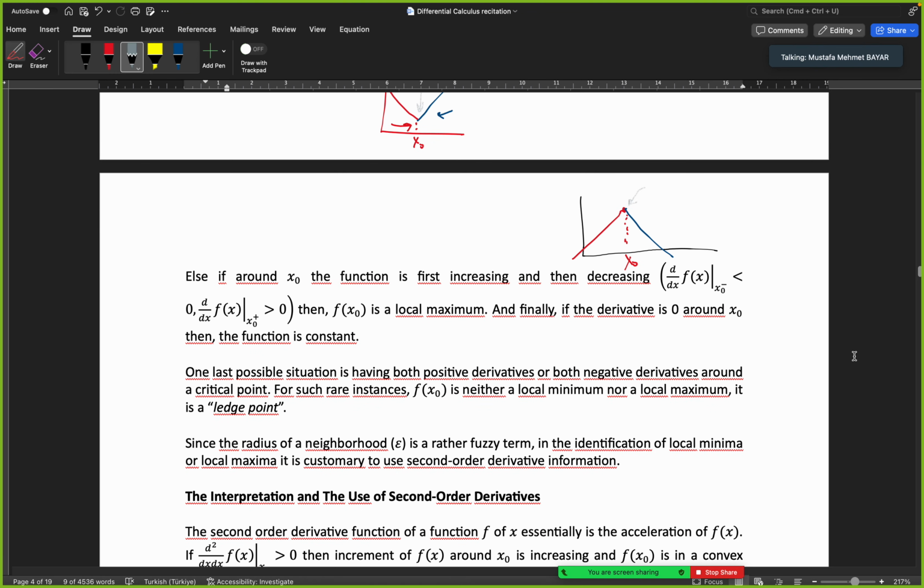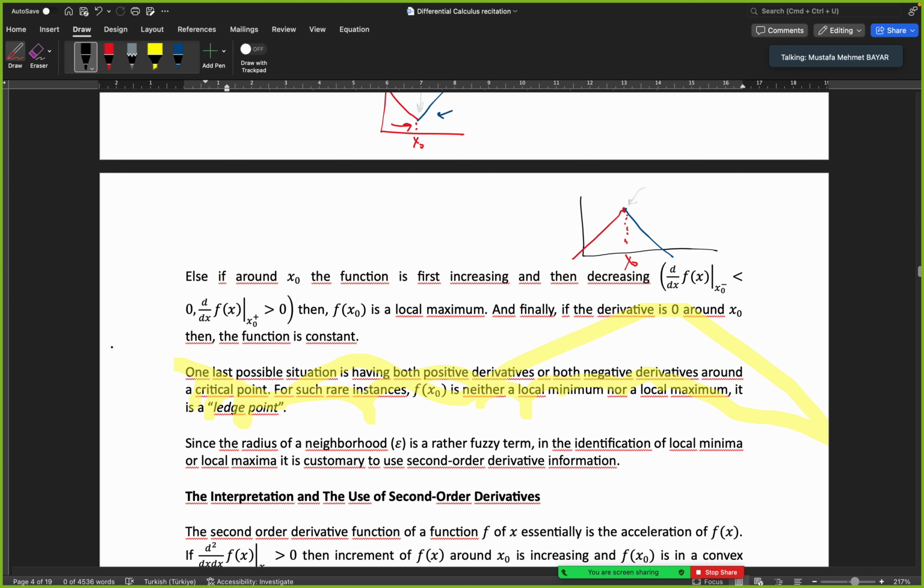And you need the second order test to eliminate this fuzziness. One other thing we are going to talk about is when the first order partial derivative is either both positive signs or negative signs around some critical point, then that's a ledge point.